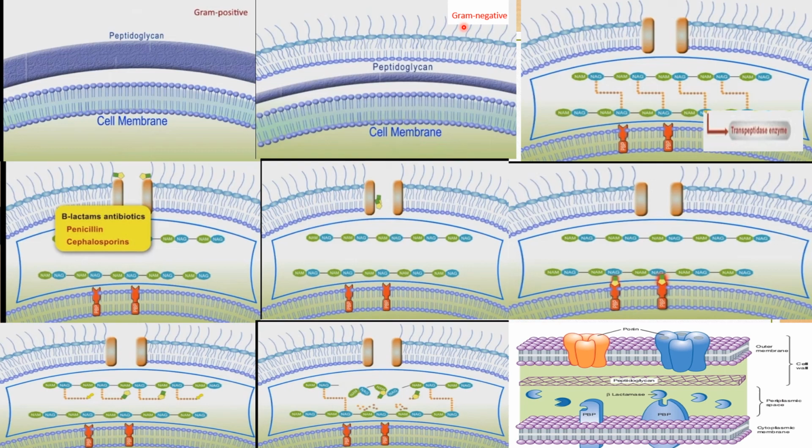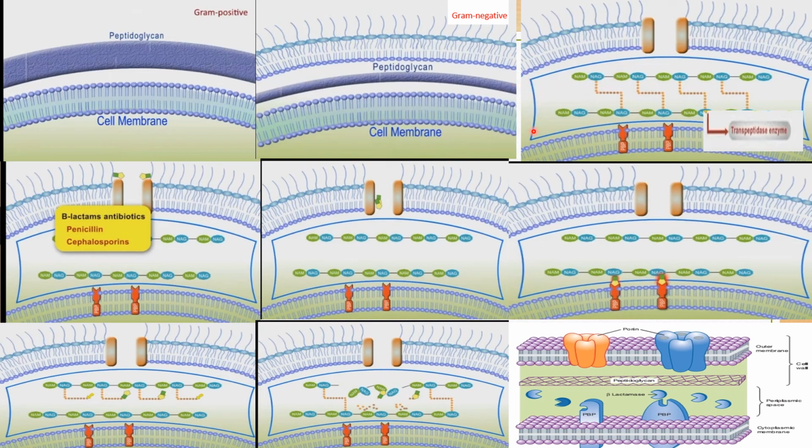While in the case of gram-negative bacteria, in addition to the cell membrane and peptidoglycan, there is an additional outer layer present. This is called the outer layer, and it is present in gram-negative bacteria and missing in gram-positive bacteria.